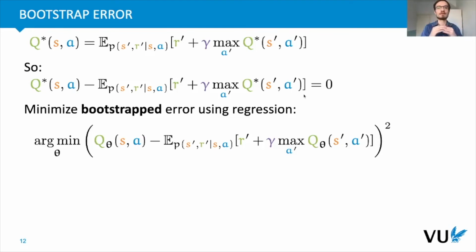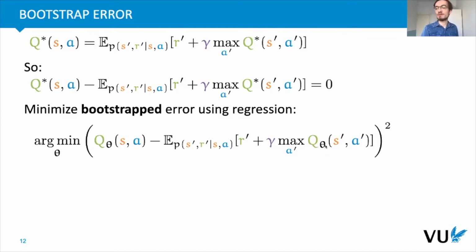And minimizing a difference is basically a regression problem, right? So we're going to try to find the parameters theta that minimize this difference. In this case, we're going to use a squared difference. So we compute the Q value in the current state and action, and we subtract this expectation. You take the reward in the next state and add the discounted maximum of the Q value in the next state.